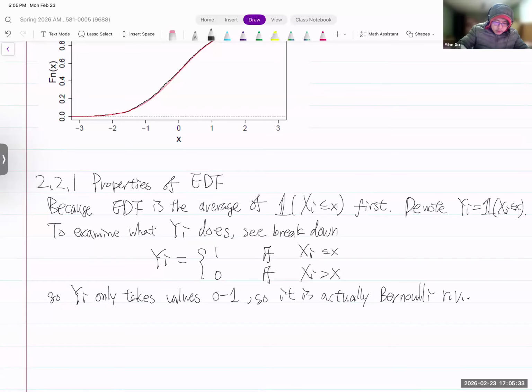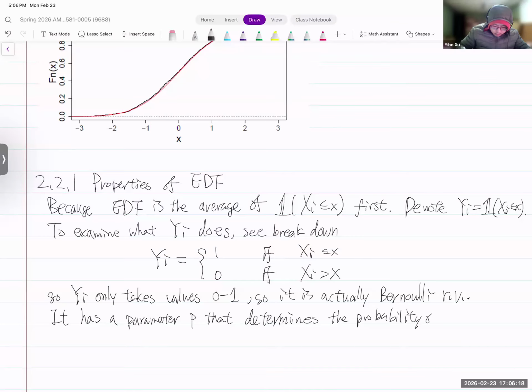Remember, a Bernoulli random variable has a parameter P that determines the probability of outputting 1.